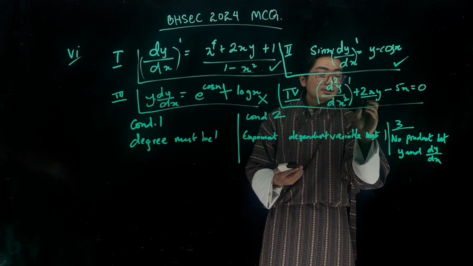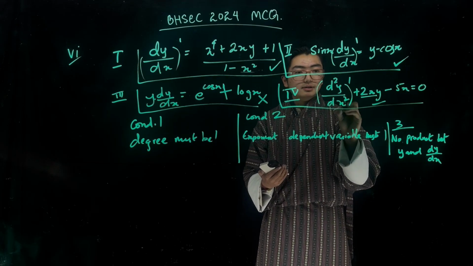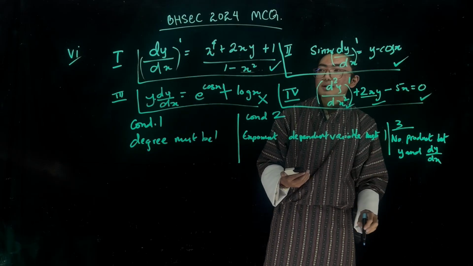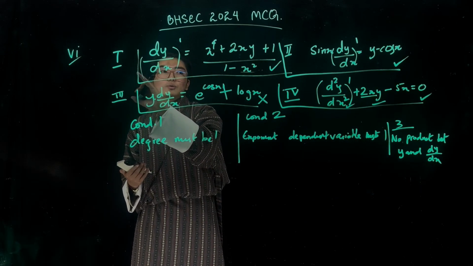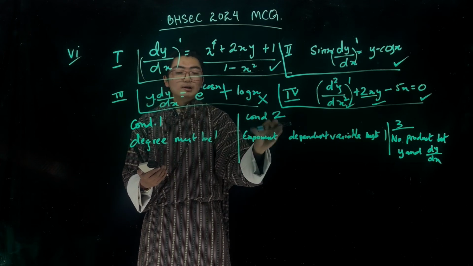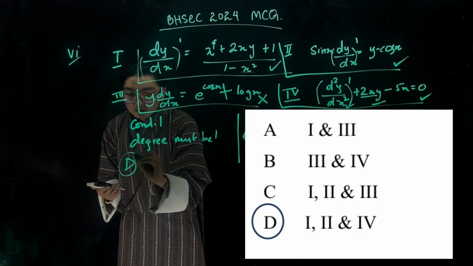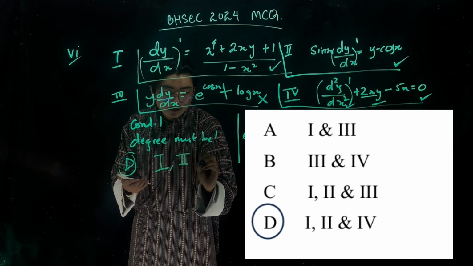And since there is no product between the dependent variable y and the differential coefficient, this equation is linear. So from here, we know that differential equations 1, 2, and 4 are linear. Hence, the right answer is option D. Equations 1, 2, and 4.